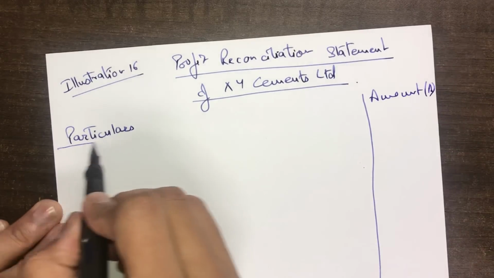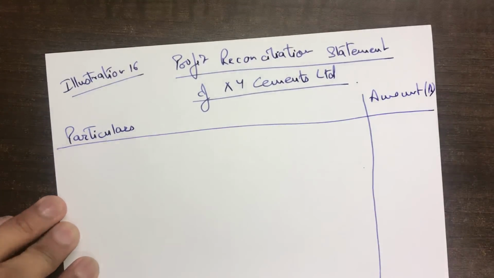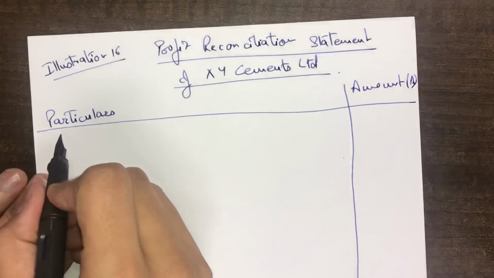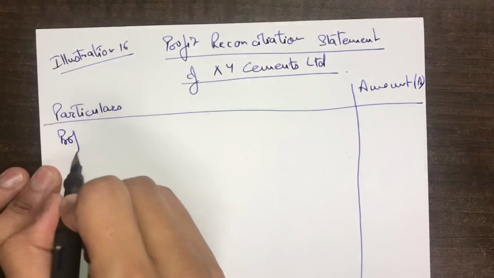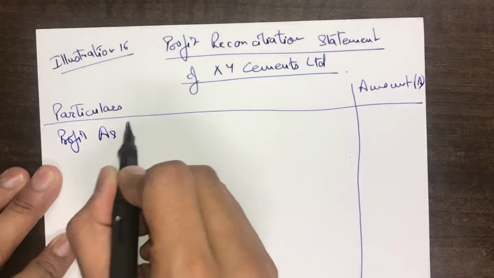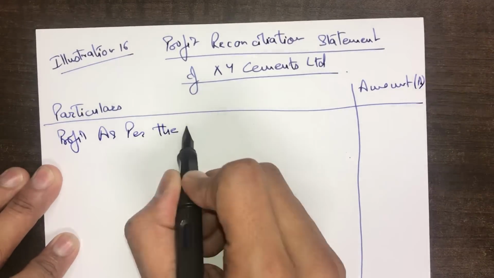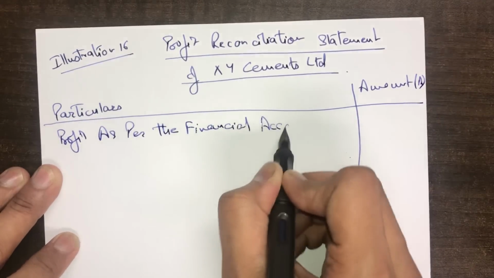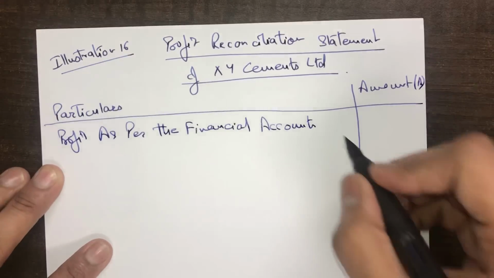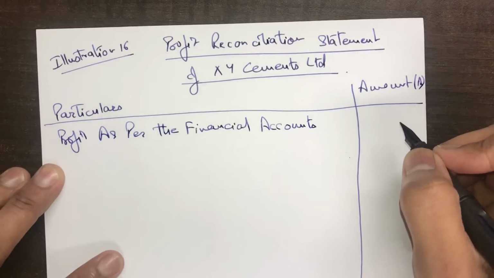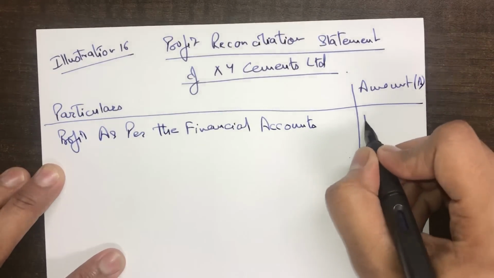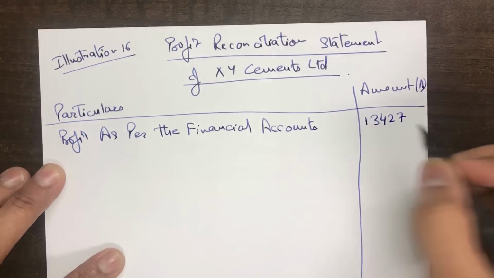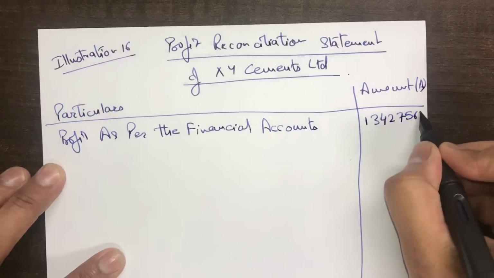This is the amount in rupees, and we will start by taking the profit as per the financial accounts. So the profit as per the financial accounts is 1 crore 34 lakhs 27,561.